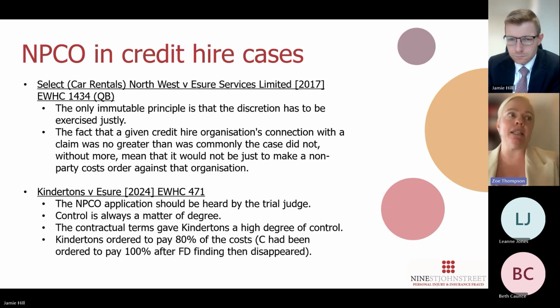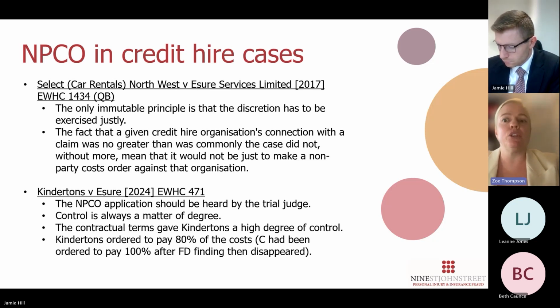And he said that in the case in front of him, the terms of the credit hire were enough, coupled with some evidence that was heard in that case, which was basically that the credit hire company had discouraged the claimant from accepting an offer that had been made by Esure that they would provide an alternative replacement vehicle.